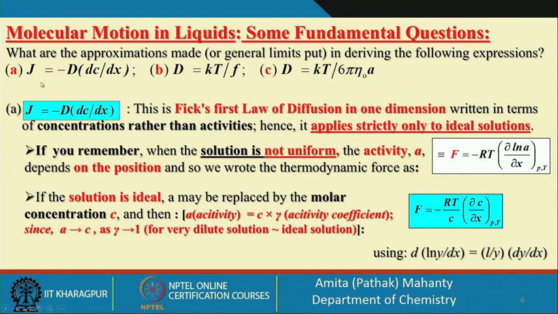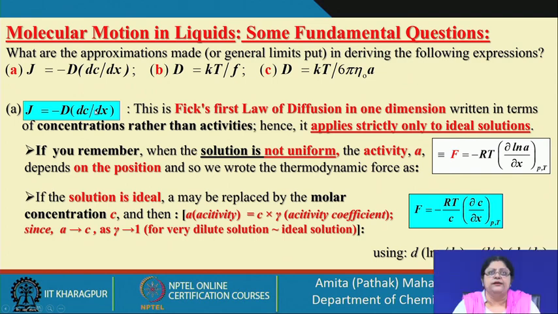First one is Fick's first law of diffusion, in any one direction or in one dimension, written in terms of the concentration. In this equation, if you remember, this concentration term was initially an activity term, which we took as concentration, applying to the condition that the solution behaved ideally.